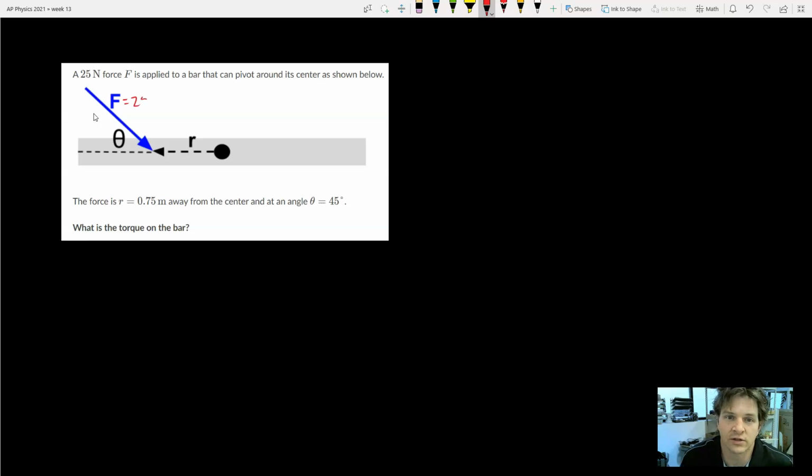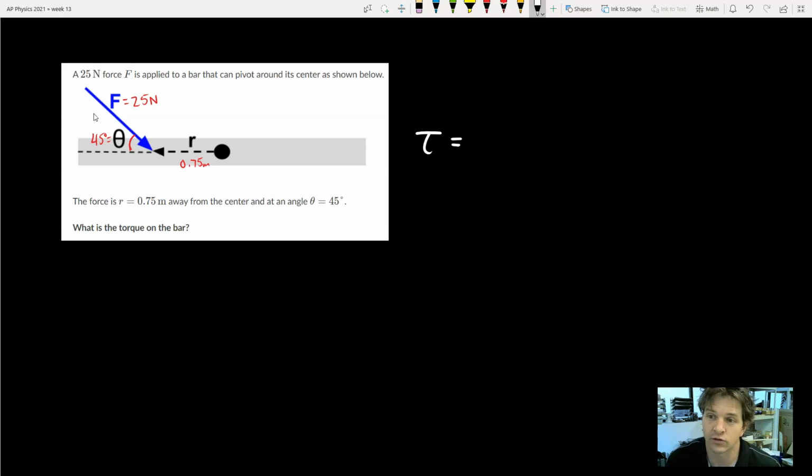So this is now 25 newtons. It's applied to this bar that can pivot. So right there, that big black dot is the pivot point. The force is 0.75 meters away from the pivot point. And then this angle they tell us is 45 degrees. So from here, we just need to use our torque equation.